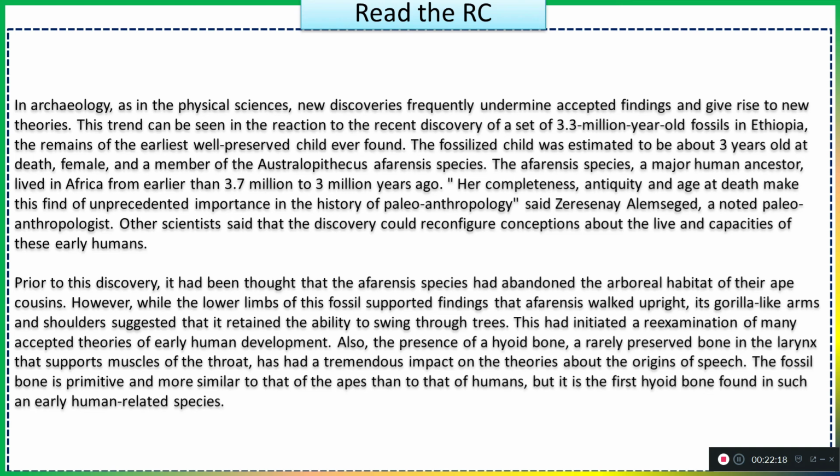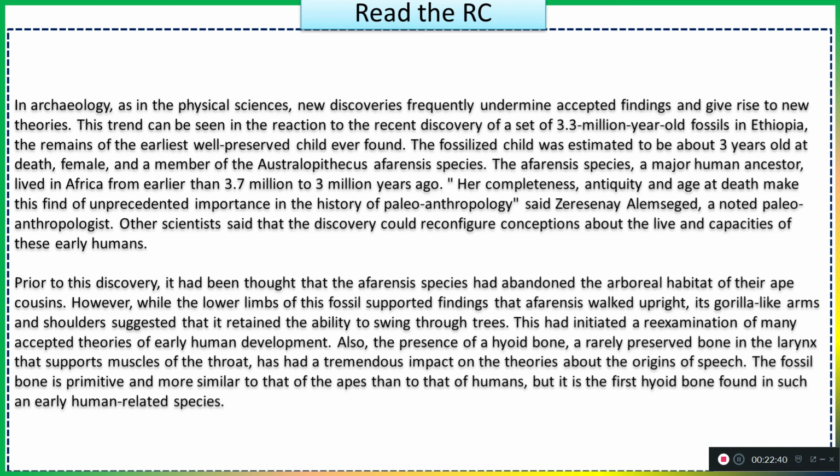of the earliest well-preserved child ever found. And they are talking about the age of that child, the gender of that child, and the species of that child. Now they talk about this. Her completeness, that means probably they're talking about completeness of the fossil.